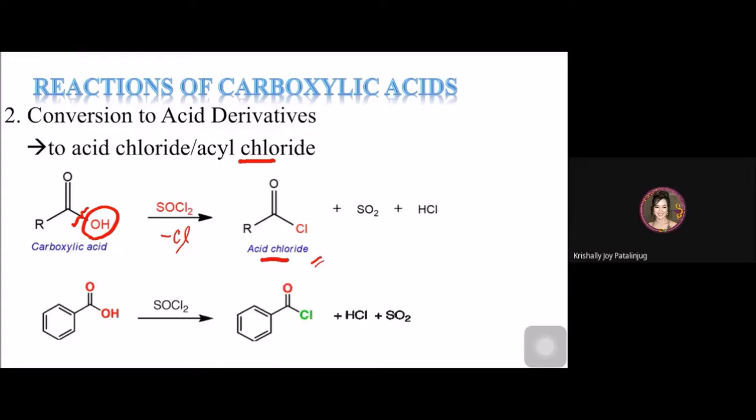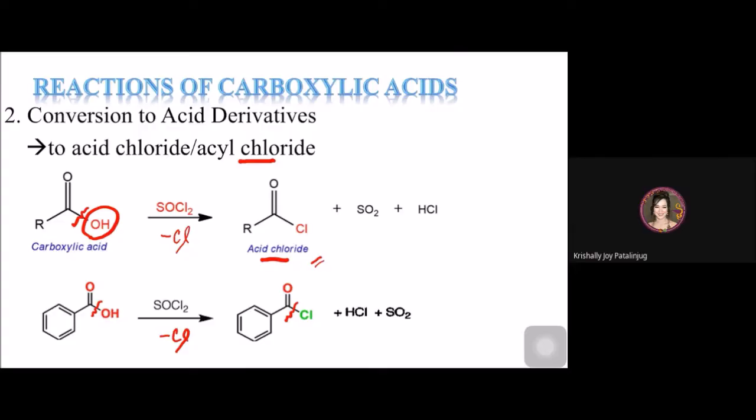So the reaction only happens here, on the leaving group. The leaving group is just removed, and then the chloride ion, the nucleophile produced from thionyl chloride, is the one that replaces the hydroxyl group of the carboxylic acid.